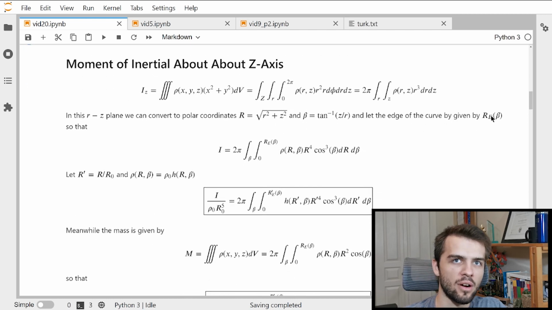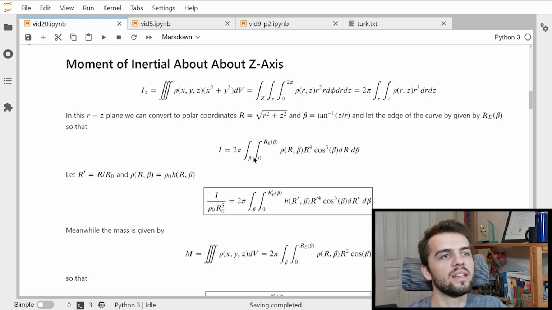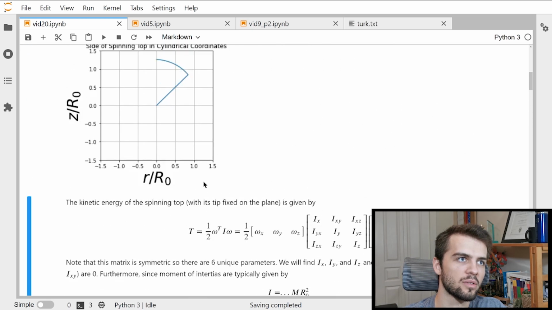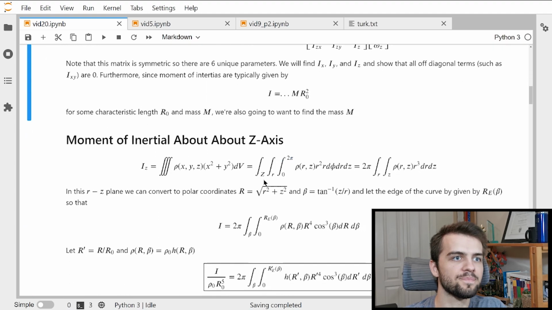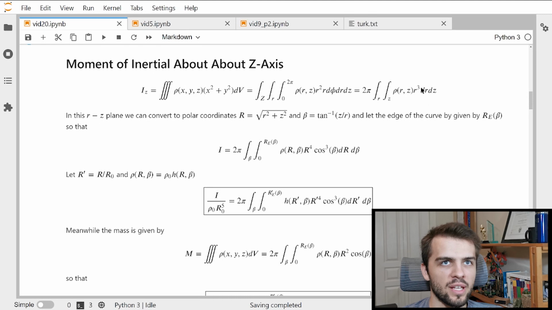So the edge of the curve is given by R_E of beta, and so I can write the integral as I equals 2 pi, the integral over beta, the angles, and I go from 0 to R_E of beta, so I'm integrating from 0 to this curve, and then I integrate over all beta, and I just plug everything in. So r cubed, right?